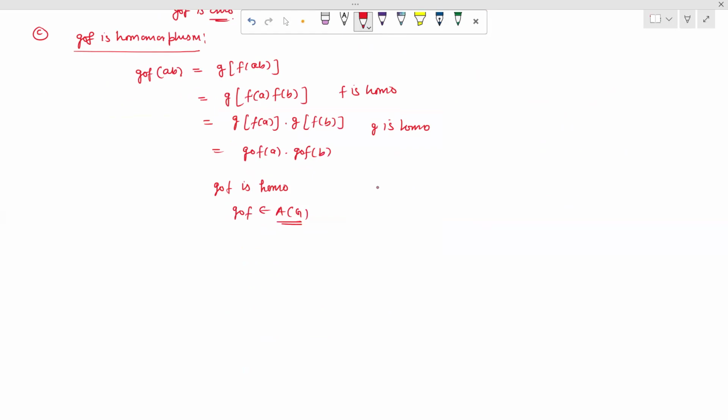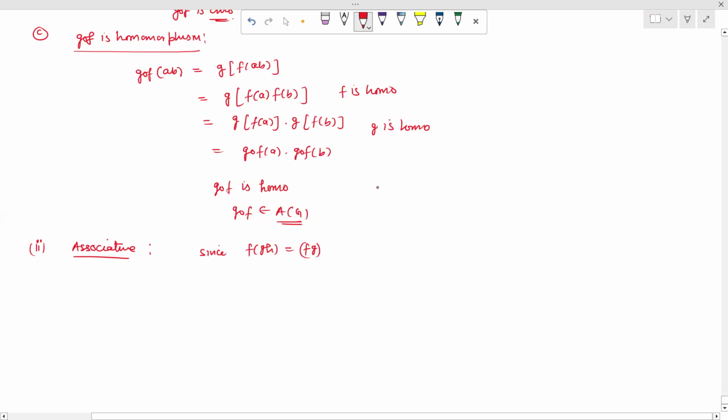Now we move to the second, that is the associative property. For proving associative, we take three functions, f, g, h, so this satisfies f(gh) = (fg)h. Associative property is a hereditary property, so it always holds for any types of function.